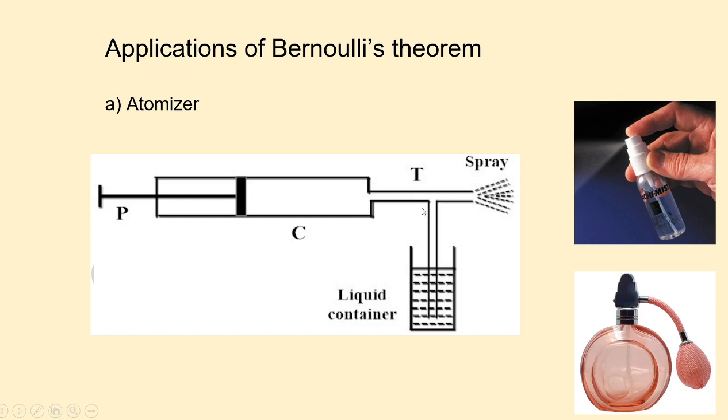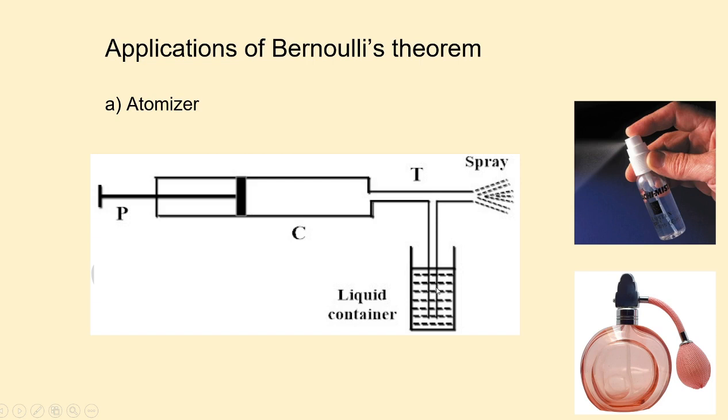So then, according to Bernoulli's theorem, we know that if there is an increase in velocity, there is a decrease in pressure. So according to Bernoulli's theorem, the pressure in the T-section pipe must be lower than the pressure at the surface of the liquid in the container.